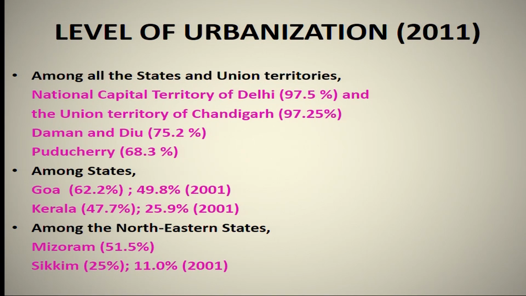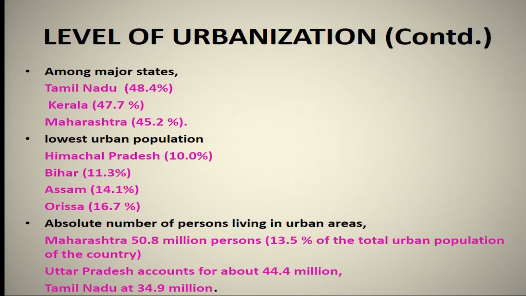Kerala is 47.7%, 25.9%. Among the northeastern states, Mizoram leads with 51.5%, Sikkim with 25%. Among other states, Tamil Nadu leads with 48.4%, Kerala 47.7% and Maharashtra 45.2%.